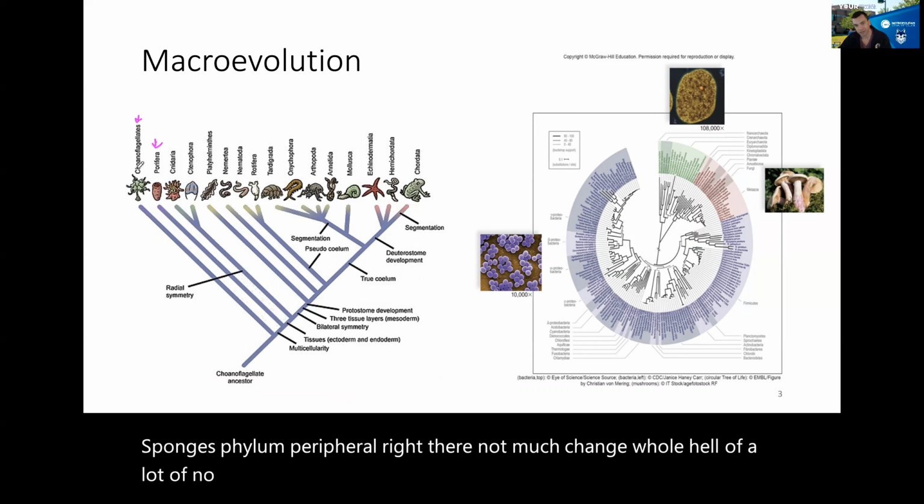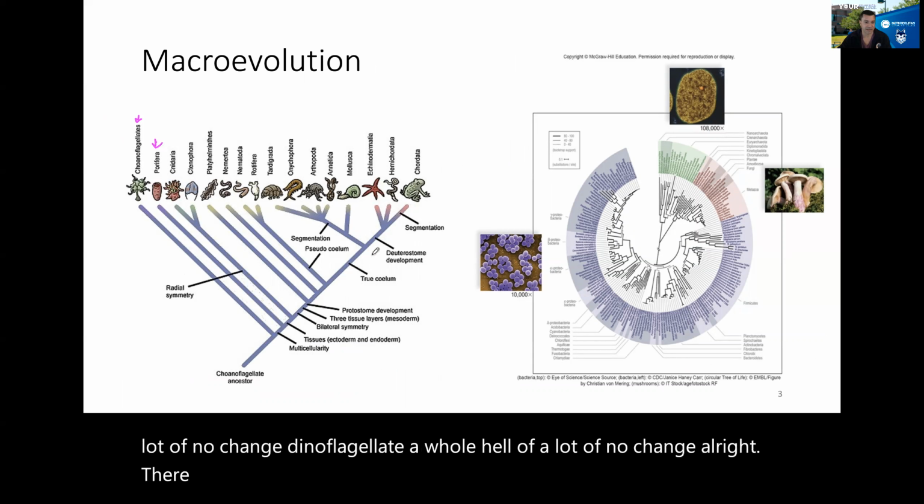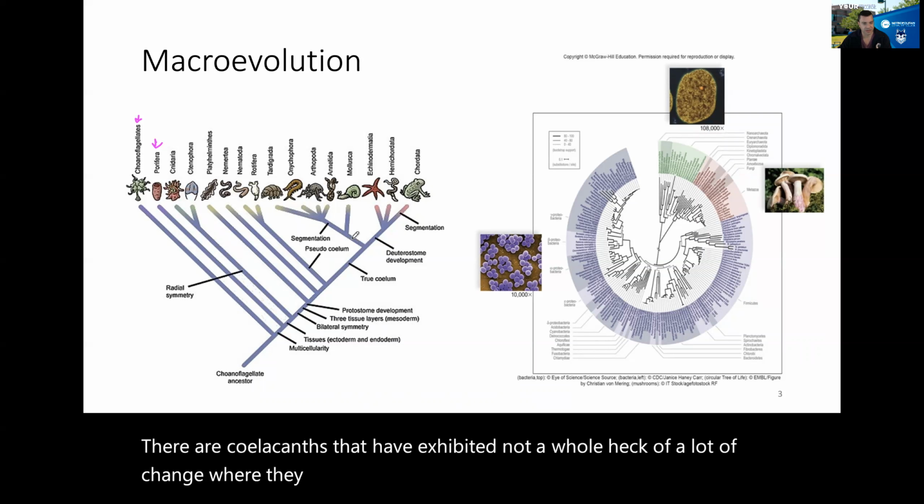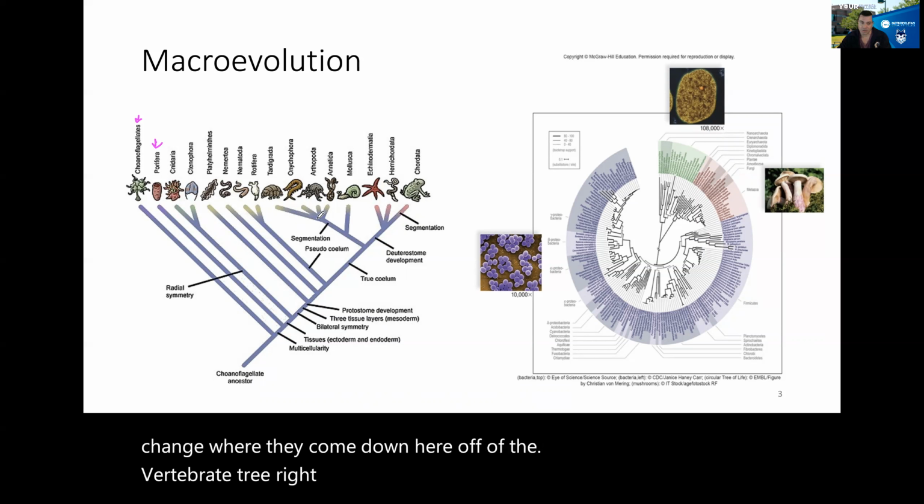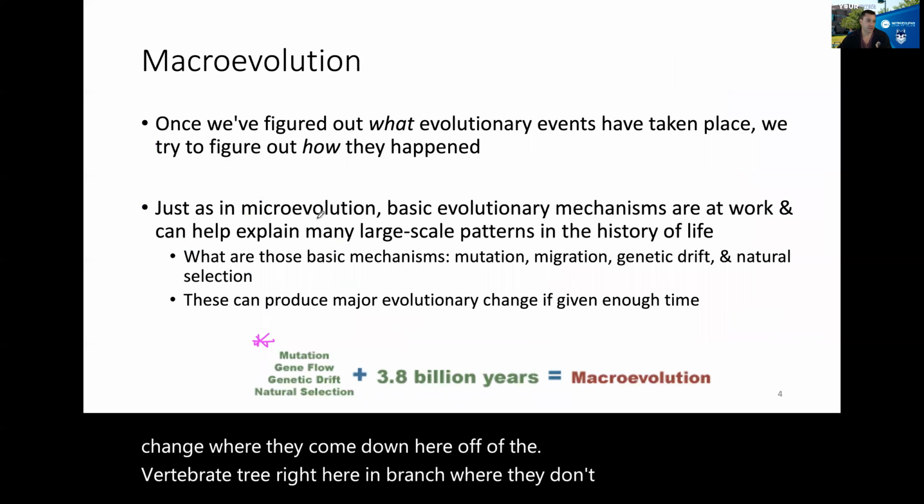Dinoflagellates, a whole hell of a lot of no change. All right. There are coelacanths that have exhibited not a whole heck of a lot of change where they come down here off of the vertebrate tree right here and branch where they don't necessarily exhibit a whole heck of a lot of change.